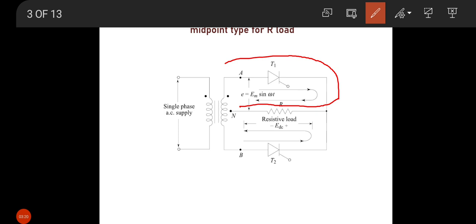Now the load current flows along the direction B, T2, R load, then N. Its direction is the same as that of the previous mode. In both half cycles of the supply voltage, thyristors are triggered at the same firing angle. Hence, they share the load current equally.